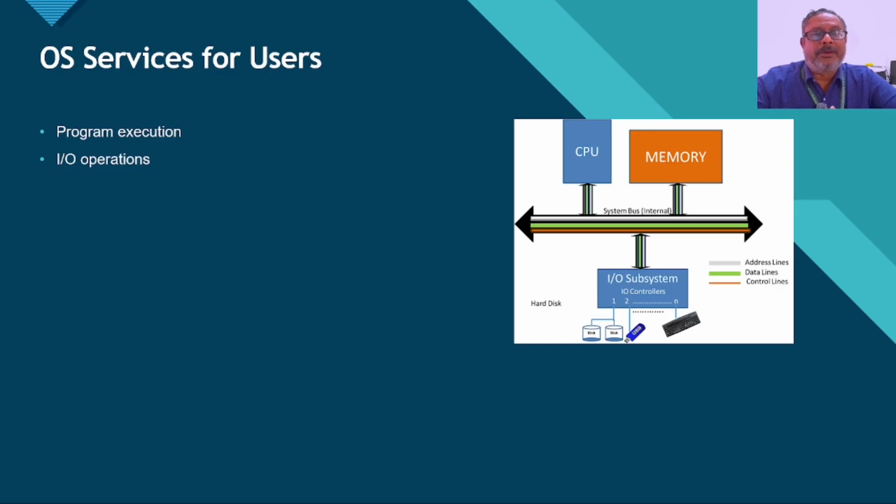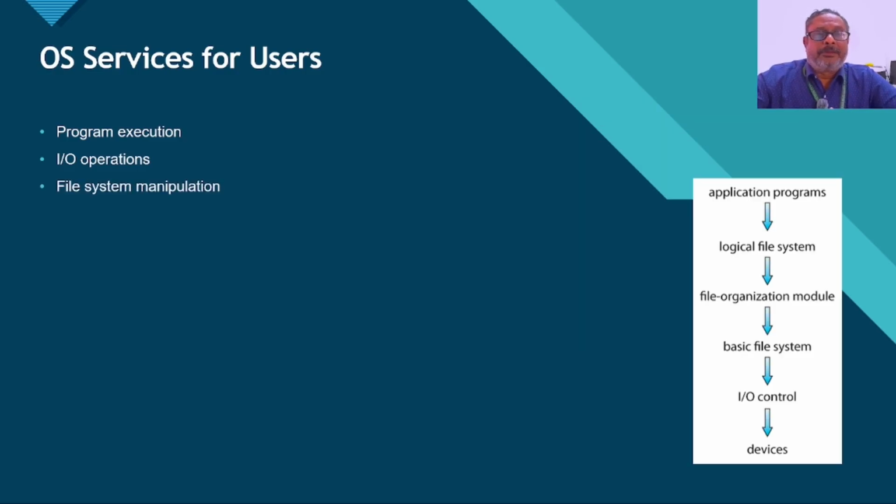Then it's about the file system. There we have, at the highest abstraction level, the application program, and then it becomes a logical file system. Then it goes into the file organization module, then the basic file system, then we have IO control, and finally the device.